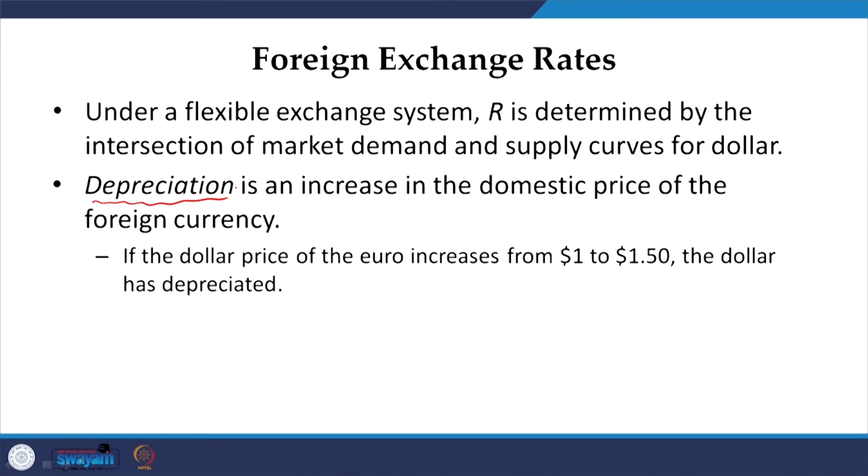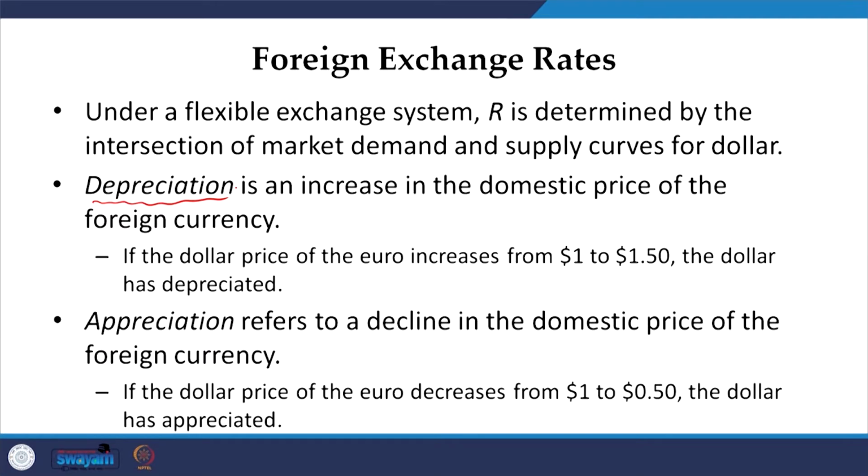So, if the dollar price of the euro increases from 1 to 1.5, that means for a euro, that many dollars can be exchanged. If the dollar price increases from $1 to $1.5, that means the dollar value depreciated, and in reverse the euro value increased.